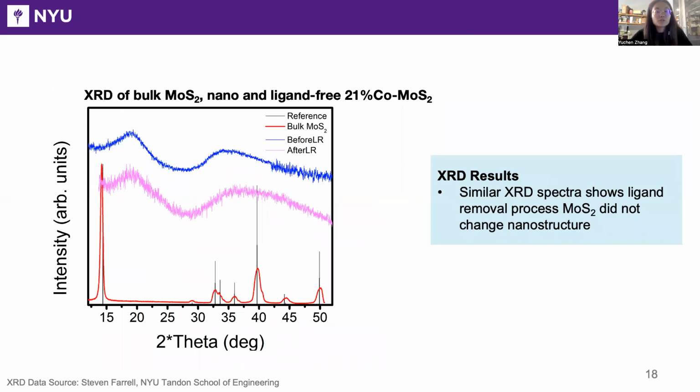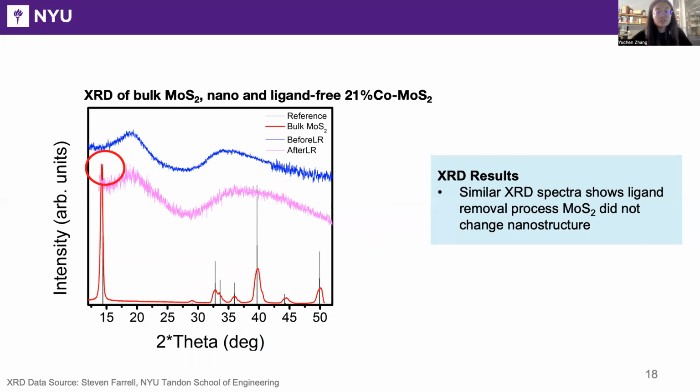The XRD pattern shows a similar curve before and after ligand removal, indicating we are still having MoS2 nanosheets. There are two things to note. First, the peak at 14 degrees shown in bulk MoS2 is from the stacking layers of the material.